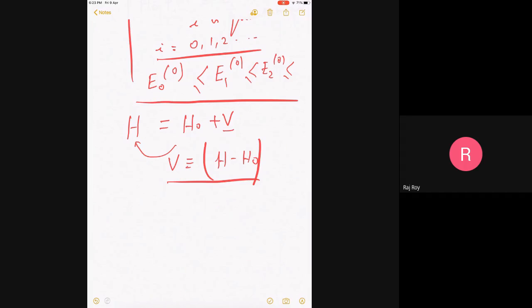The reason I define this in this manner is that if I apply the perturbation, then from H naught I will evolve to the physical Hamiltonian H. Is it clear? So V is now what is called the perturbation.